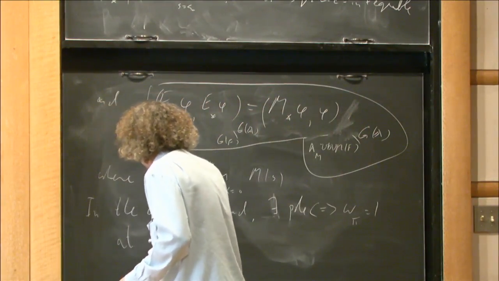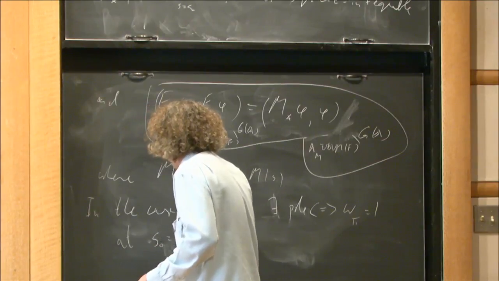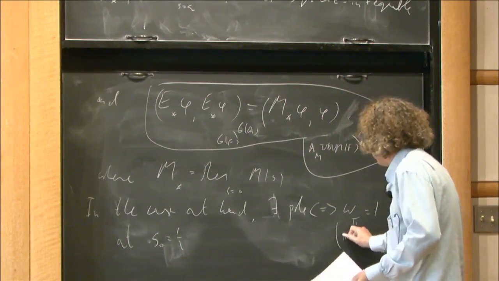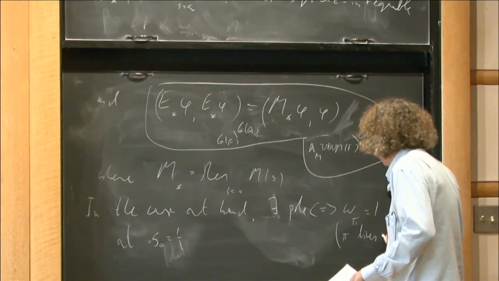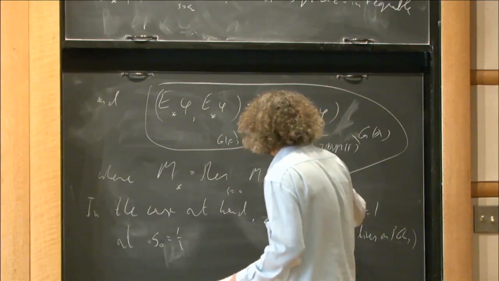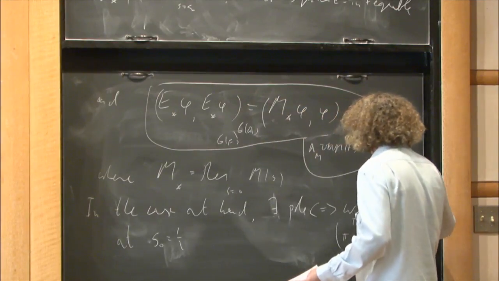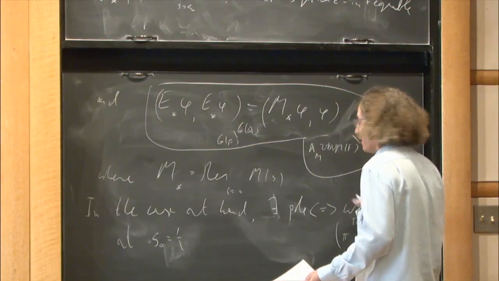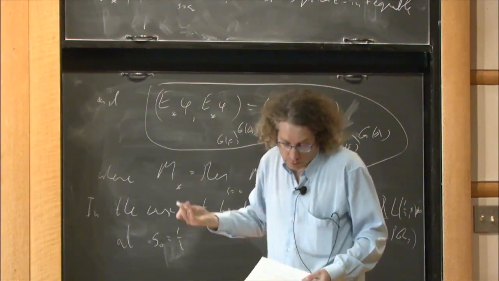And that will be at S naught equals 1/2, of course. So that means that pi lives on PGL2. But also L half pi is not 0, right? Because this L half pi may kill the pole if it's 0, and it can vanish.